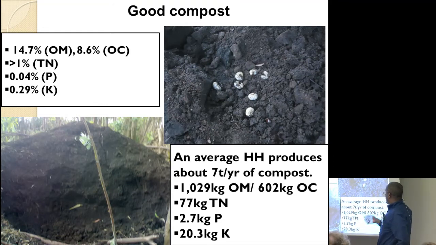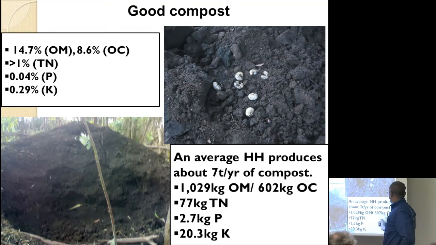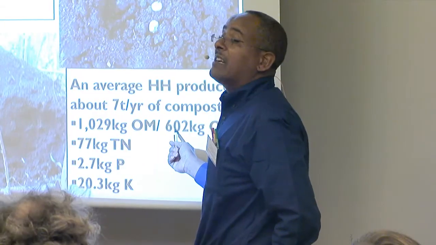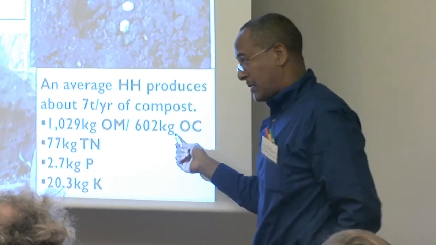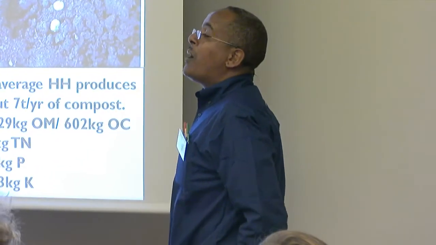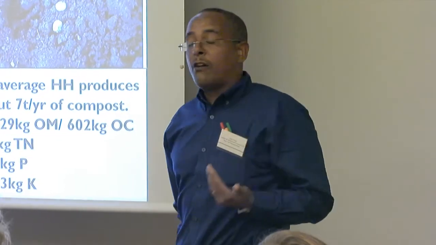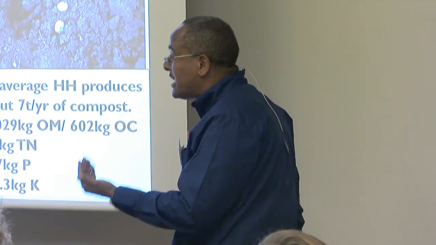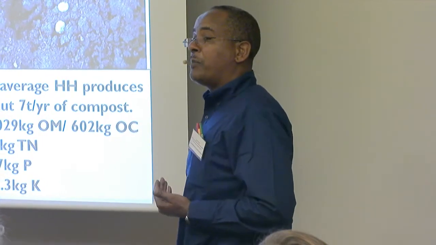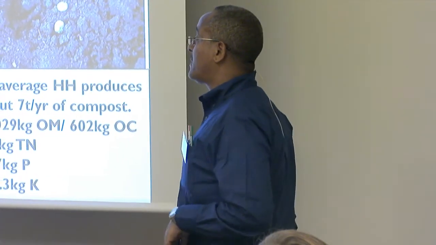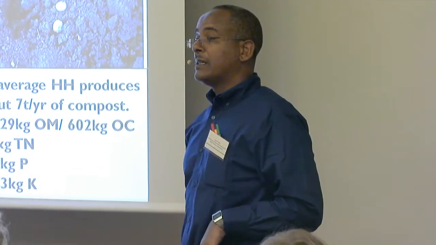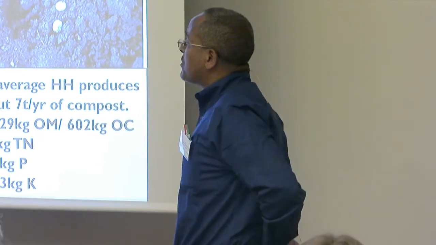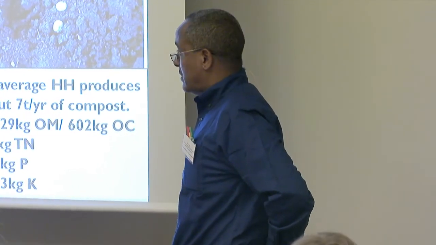Then the organic carbon is about 600 kilograms per 7 tons. But now we realize, with the support of biogas production at family level in Ethiopia, which is HIVOS support from the Dutch government, the production is more or less quadrupled.